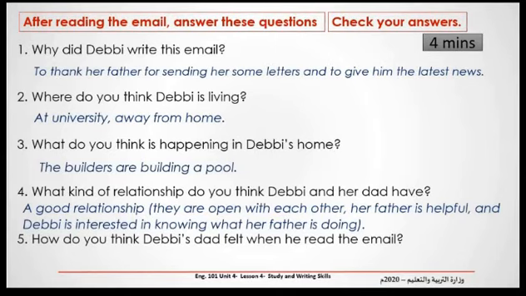Her father is helpful and Debbie is interested in knowing what her father is doing. Number 5, how do you think Debbie's dad felt when he read the email? We can say pleased, happy, or relieved.